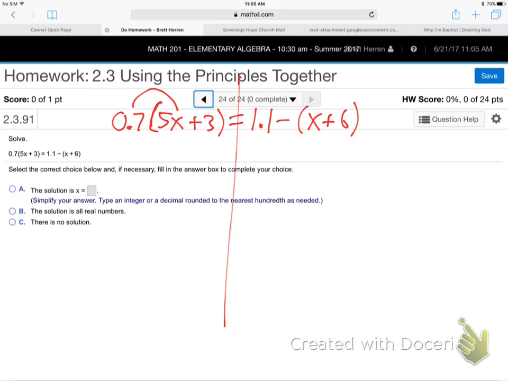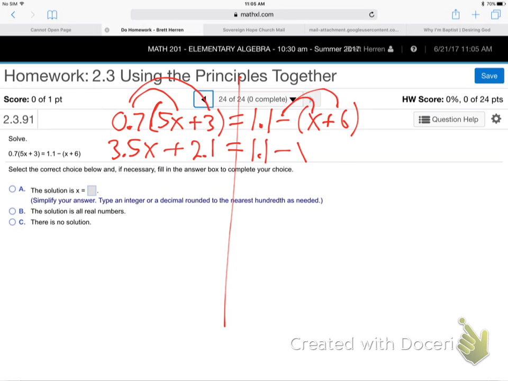So distribute. So what is that? Is that 3.5x, 2.1? Now remember that minus sign in front of those parentheses, it's going to distribute to both, right? That minus sign right here, it's going to go boom, boom, right?